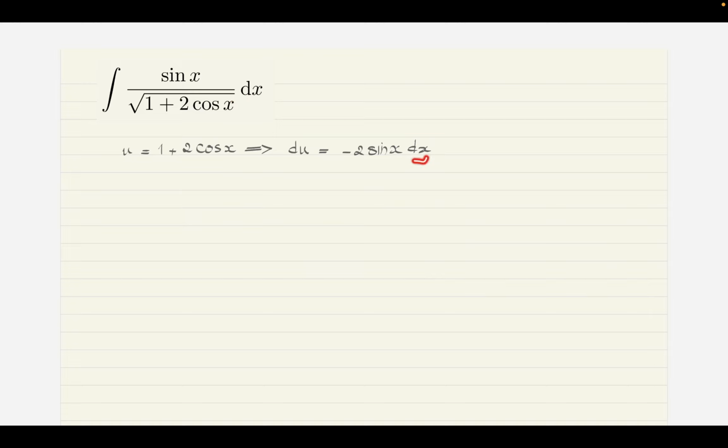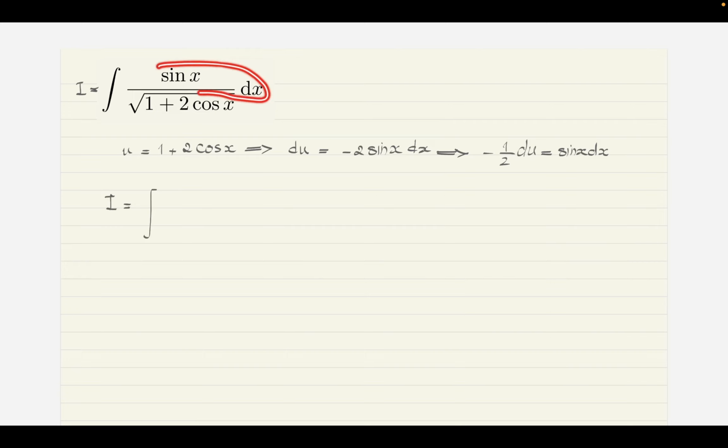So this means that this expression is exactly the one that appears here. So this motivates me to divide everything by minus 2. So it becomes minus a half du. The right-hand side becomes exactly the combination I would need for this problem. So now if I call my integral I, the integral I becomes equal to the integral.